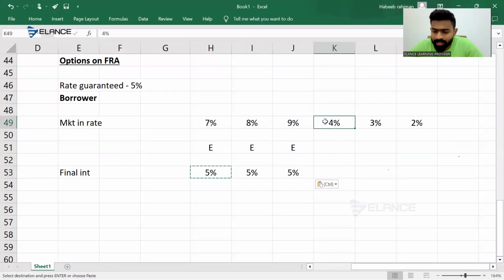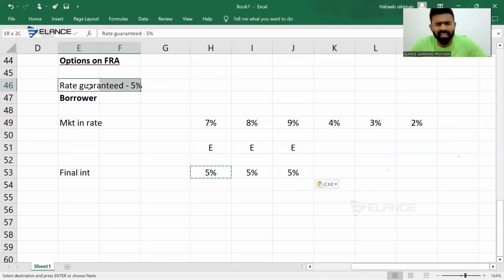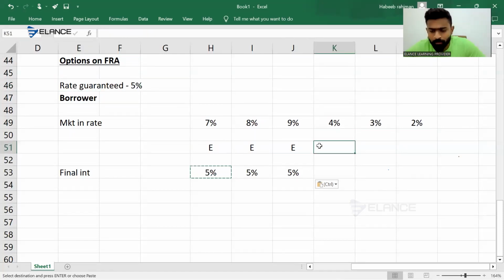What if the market rate reduced? Is it a favorable or adverse movement? For a borrower, the interest rate is reducing, so it's favorable. Do we have an obligation to always take the contract at 5%? No, right? So if the market movement is favorable, we will lapse the contract.